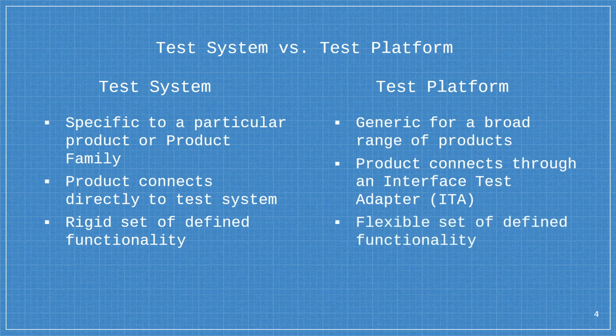Test platforms are typically flexible. You design a flexible set of predefined functionality. So instead of saying, product X needs a DMM measurement on channel 1, or to do an oscilloscope capture on channel 2, what you say is that I have a DMM measurement test, and then I'll have parameters for that test that will define the switch path, which channel I want to switch in and out of, and will define the test parameters.